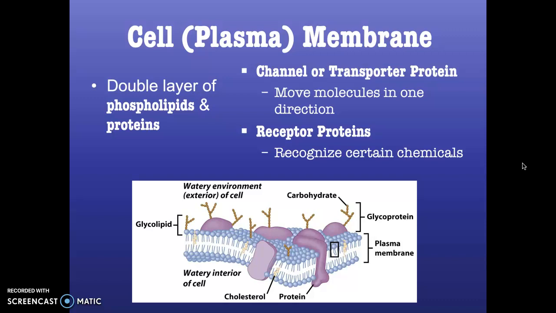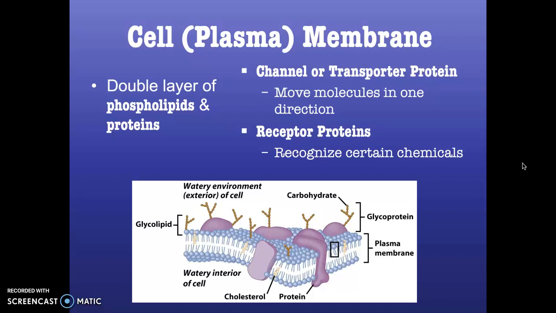And these channel or transporter proteins help to move larger molecules in one direction from outside to inside or vice versa, inside to outside. Okay, and then we have a second type of special protein called a receptor protein that will recognize certain chemicals. And we talked about certain types of chemicals like hormones before that need to move in and out of cells.